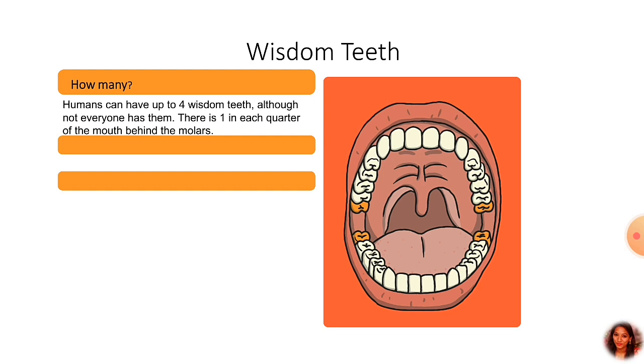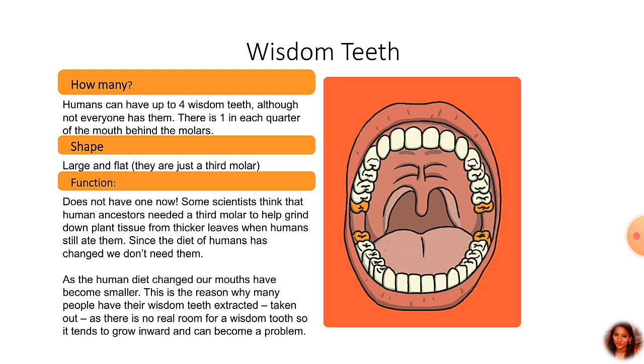Now last, that is the wisdom teeth, which are generally not present in all humans. A person can have up to 4 wisdom teeth, although not everyone has them. One may be present in each quarter of the mouth behind the molars. About its shape, they are large and flat, and they are just a third molar, nothing else.